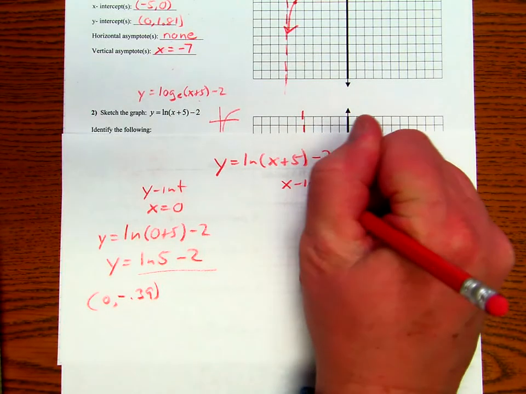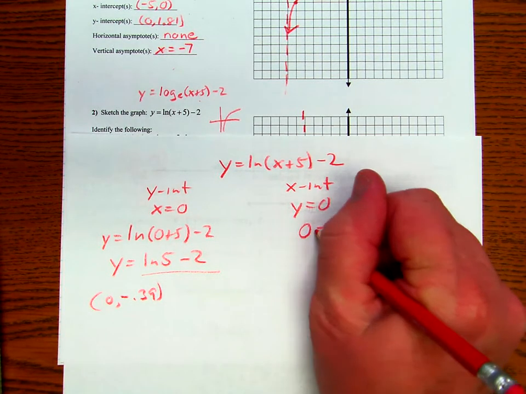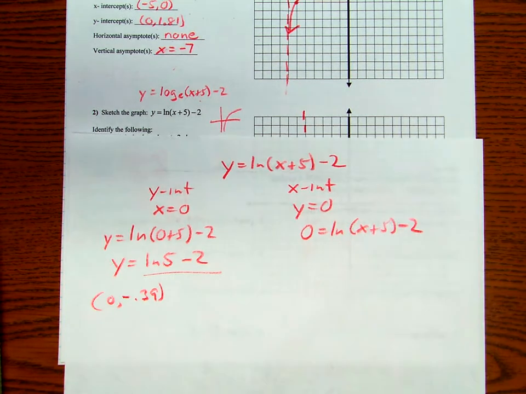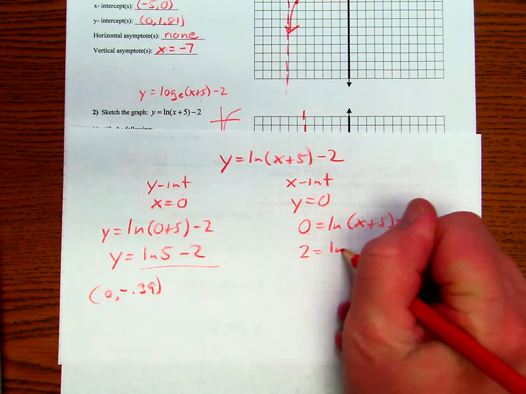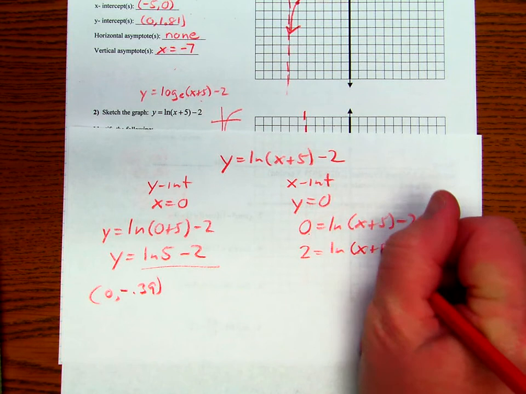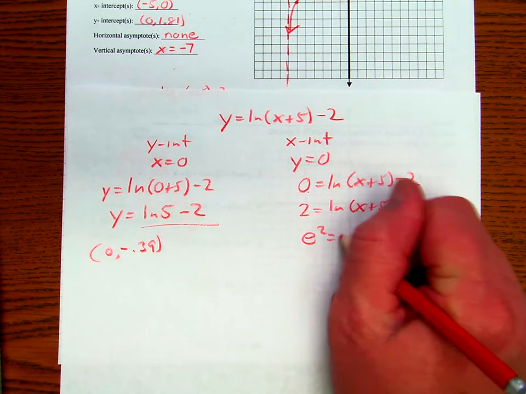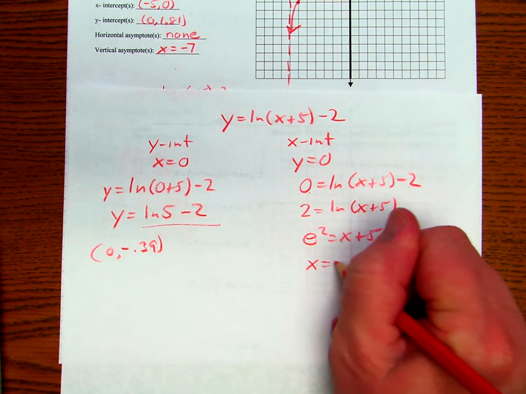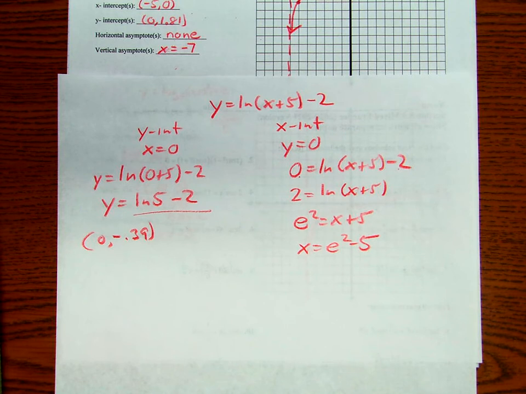Okay, to find x-intercept, y equals 0. So I'm going to bring this 2 over. Rewrite that exponentially. Bring over the 5. So the exact x-intercept would be e squared minus 5.